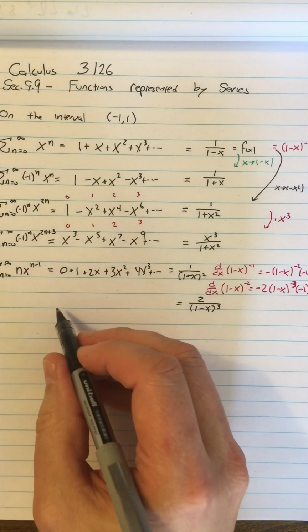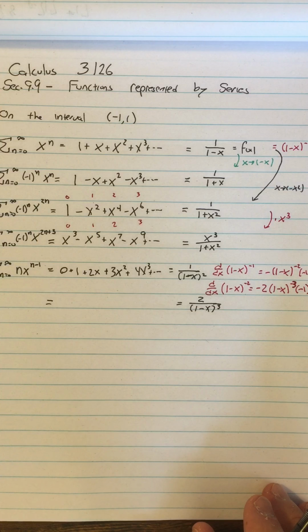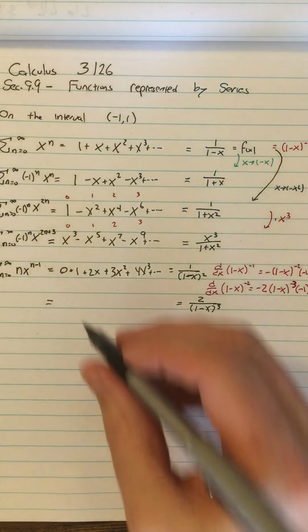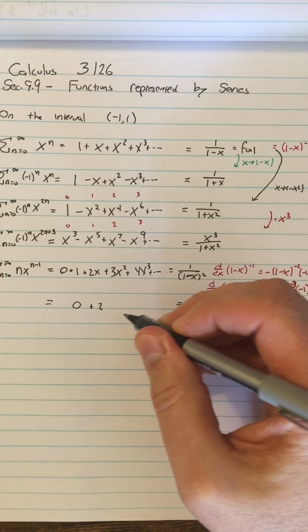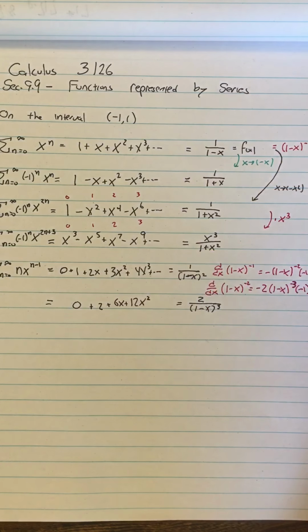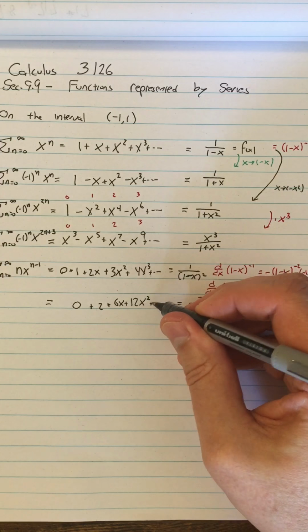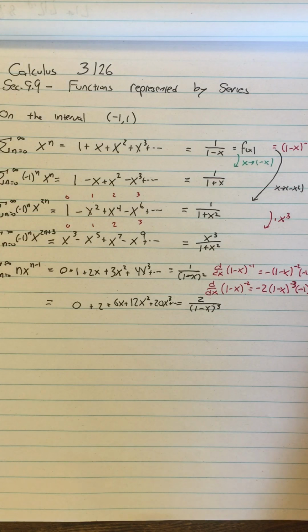So what's that going to be equal to? Well, let's look at term by term first, and then we'll look at what the series would have to be. The derivative of 1 is 0 again, and then I have plus 2, and then I have 6x, and then I have 12x squared, and then my next one's going to be 20x cubed, and it's going to keep going like that. There are different ways you could choose to represent this.